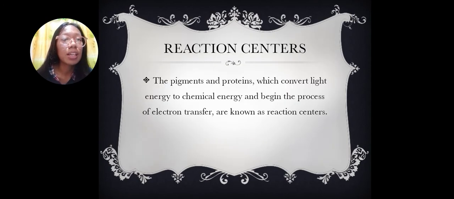So, speaking of the reaction center, it is the pigments and proteins which convert light energy to chemical energy and begin the process of electron transfer.